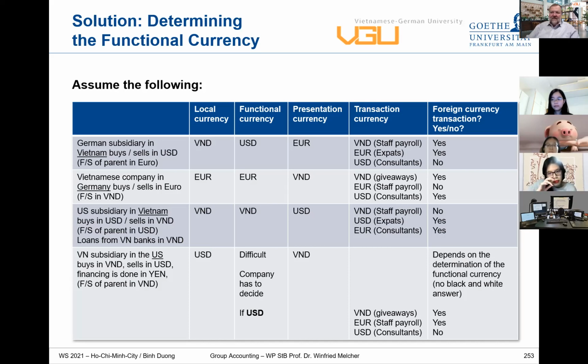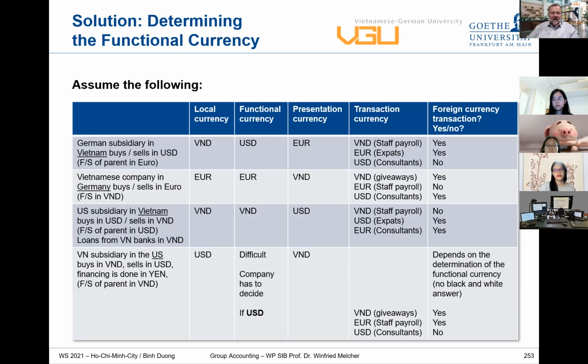Well, and then we have the functional currency, and here is the problem. It is something in between the local and the presentation currency. We have to determine that because IFRS uses that kind of a vehicle to transform all the currencies or the foreign currency transactions into the functional currency.